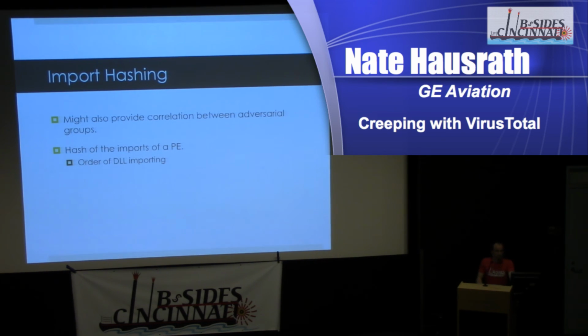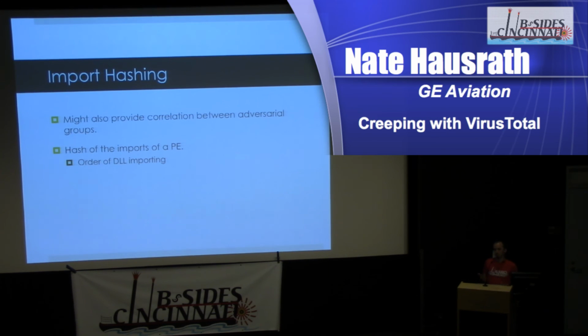One other little thing that I threw in here that I thought was interesting was import hashing. When you're importing DLLs and things like that into an executable or a DLL that you're going to use, the order of the way it imports is important, and so are the functions that it ends up using.